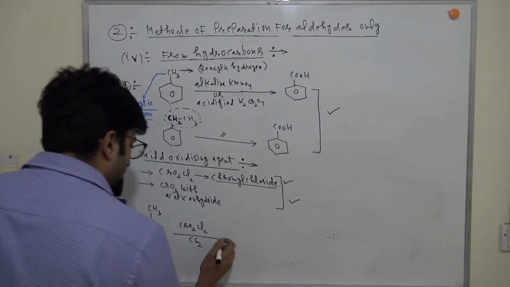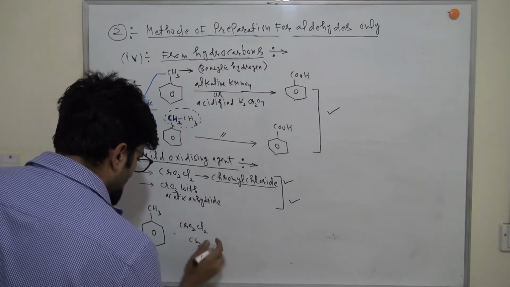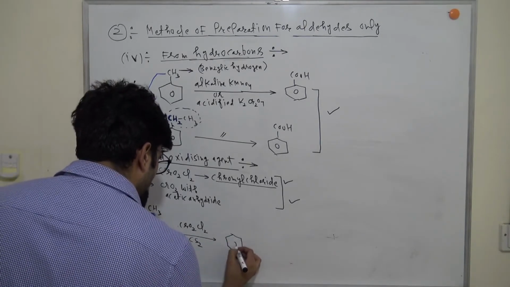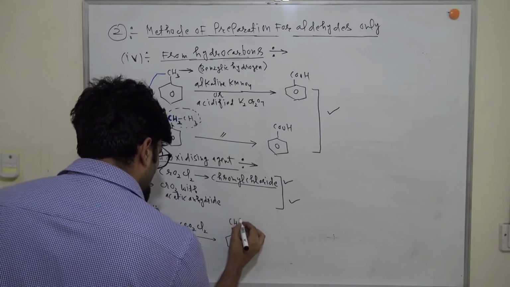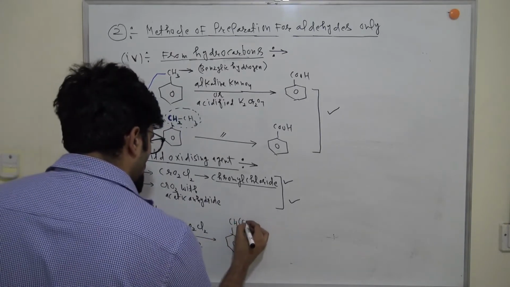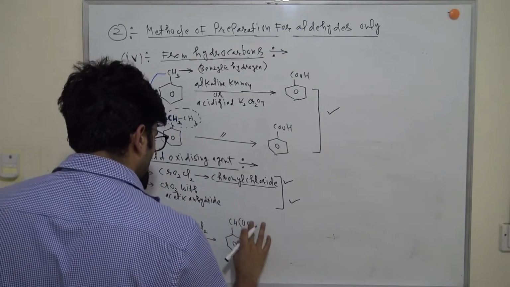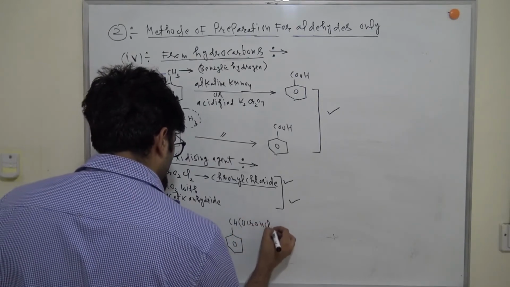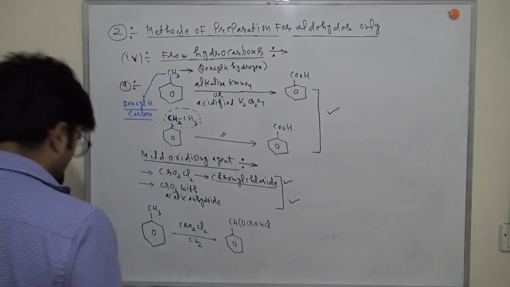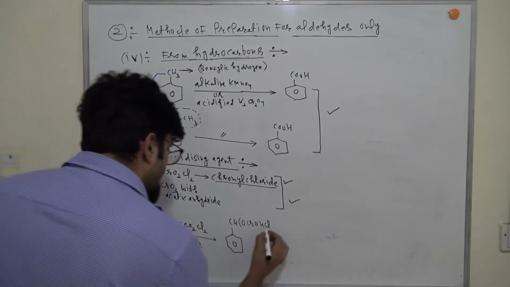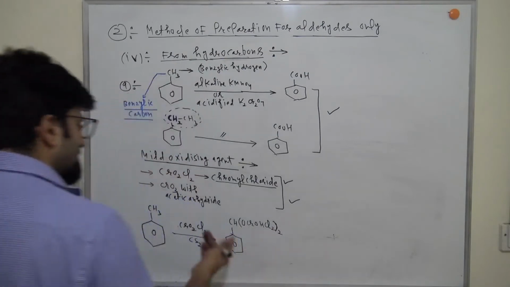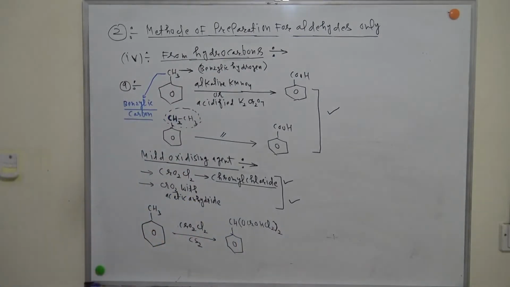So what happens basically, guys, in this reaction? First it will convert it into the complex C6H5CH(OCrOHCl2)2. This complex you have to memorize. The mechanism we will not do because it's not given in NCERT.